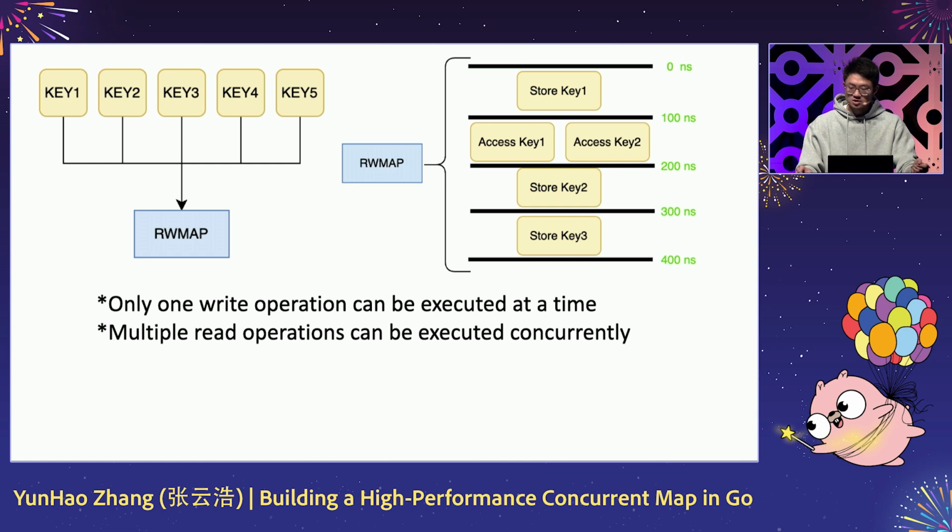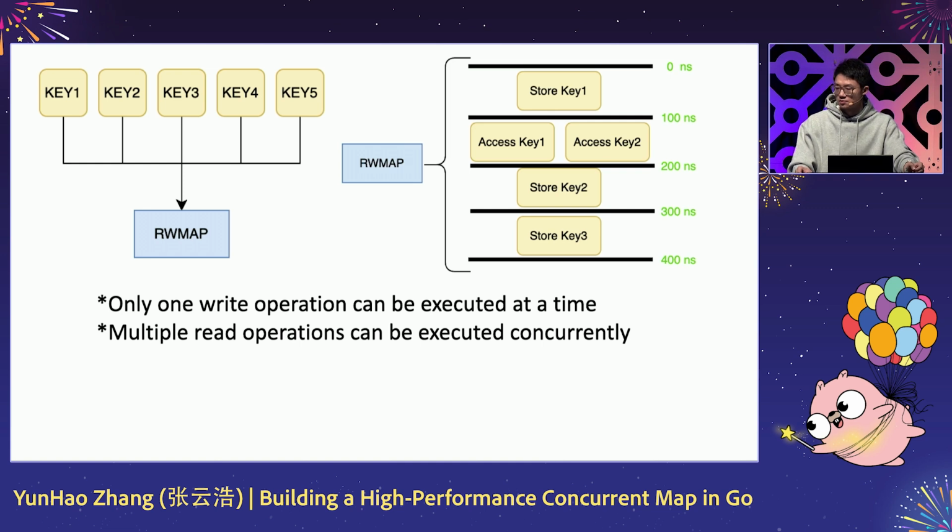And the concurrent programs become sequential. Let's assume each operation takes 100 nanoseconds. And the two read operations can be executed concurrently. So we will use 400 nanoseconds to execute 5 operations.